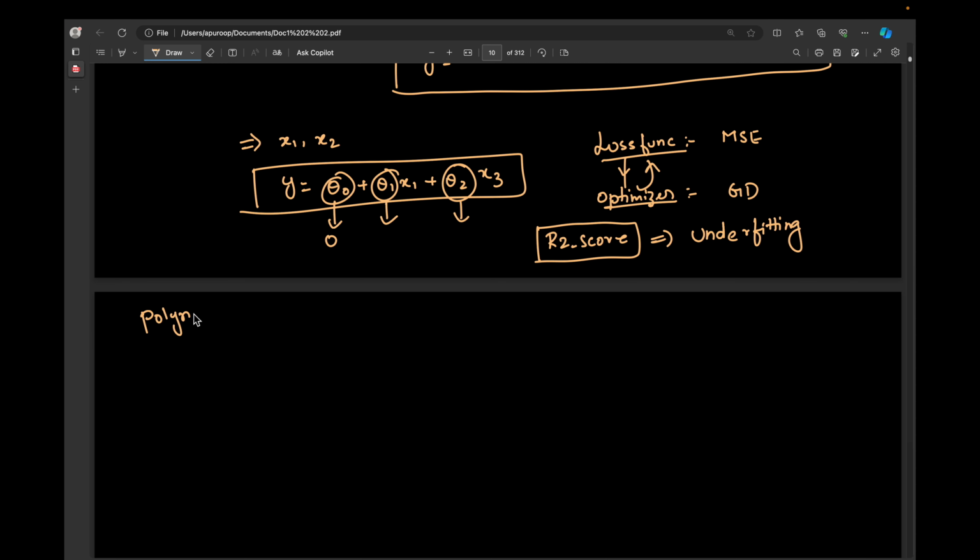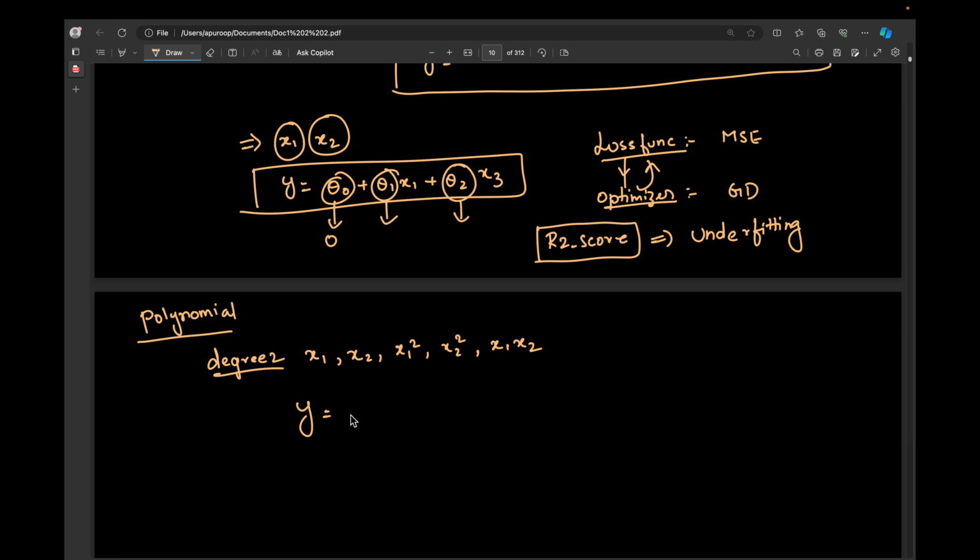And what is the idea of polynomial regression? The idea is to add some higher degree features, right? So now let's try to add degree 2 features. If I have x1 and x2 as my input features, my corresponding degree 2 features will be x1 square and x2 square. Along with this, I will also have x1 x2. So these are all my degree 2 features. Along with this, I'll have x1 and x2 as well.